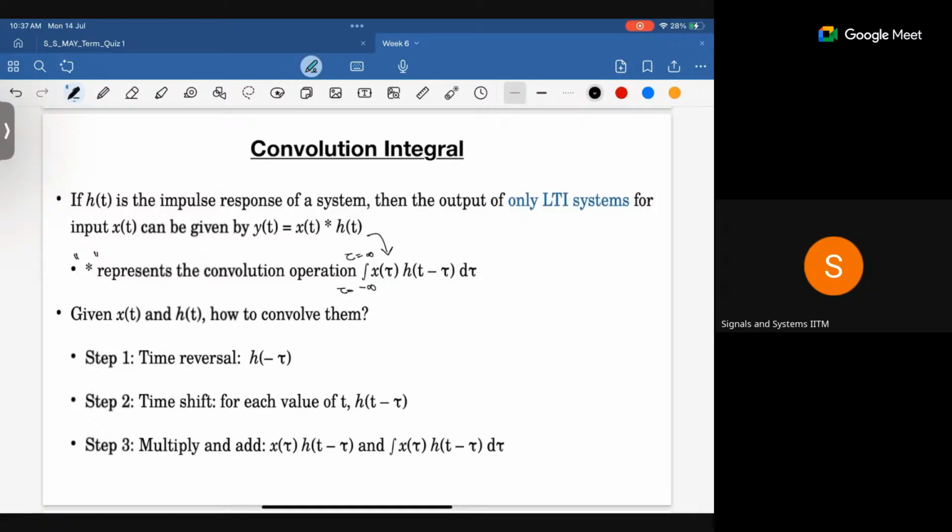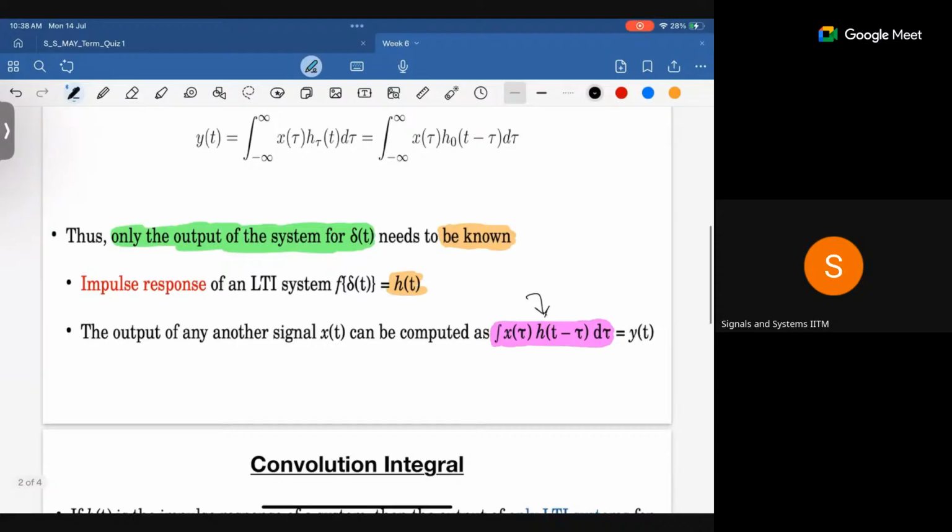How do we compute this integral, or how do we convolve x of t and h of t? Firstly, the impulse response h of t will be given to us. We will say this is the LTI system, and this is the impulse response h of t.